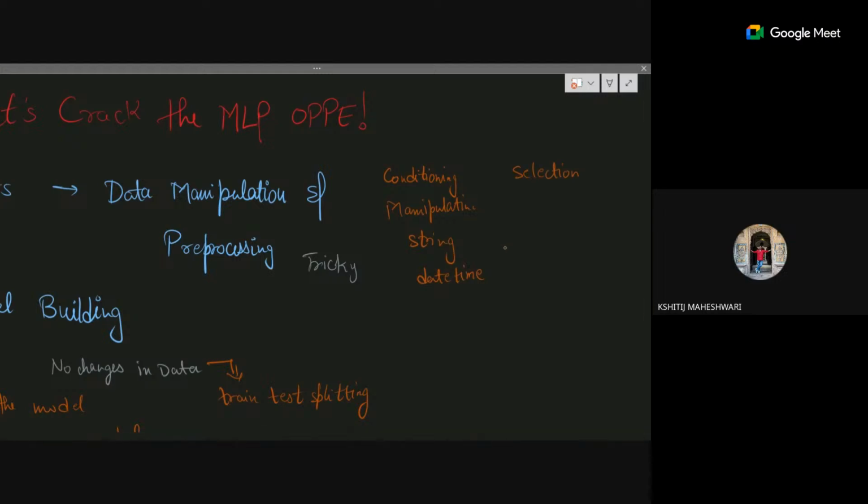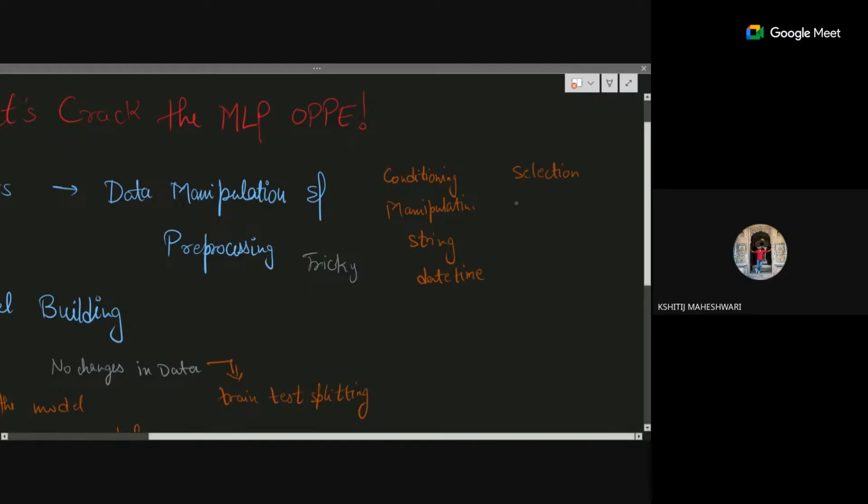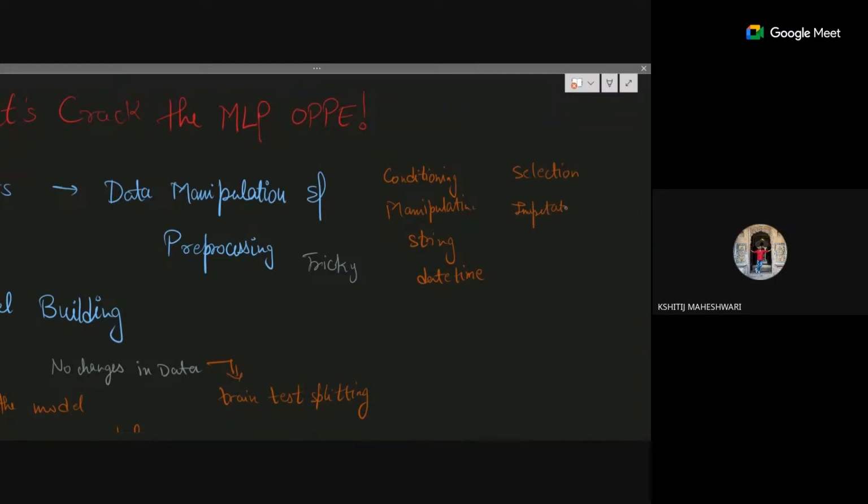The major things which are eventually a little trickier for students to follow are imputation, encoding, scaling, feature union, pipeline, and column transformers.